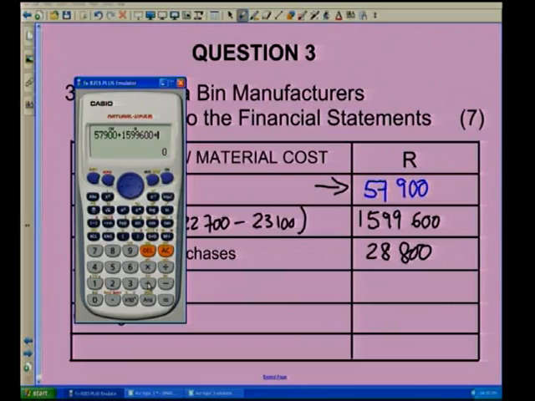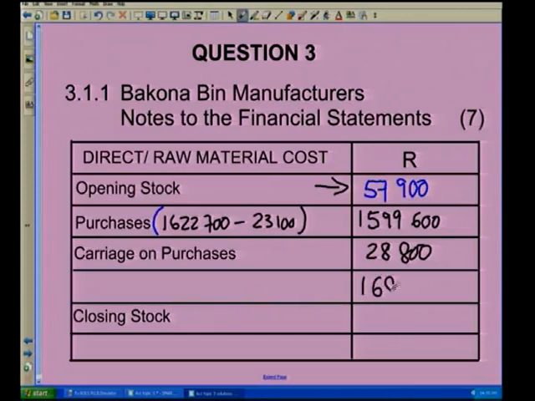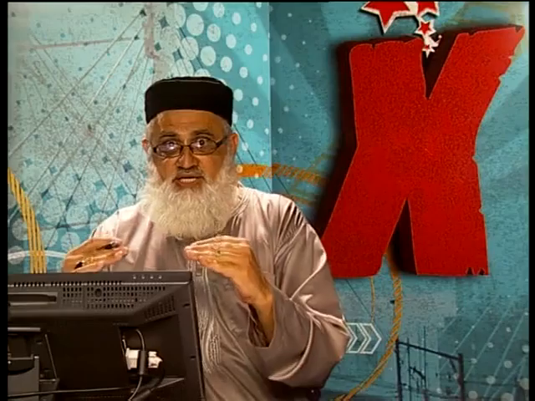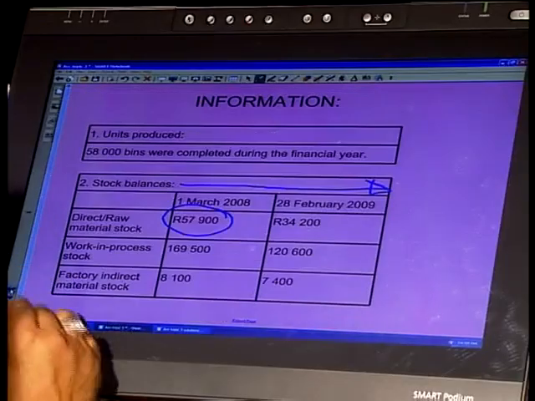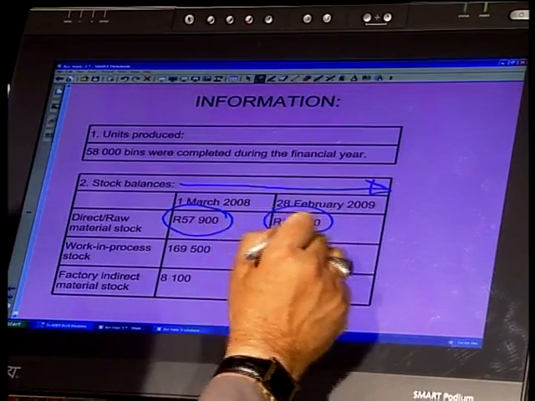Add to it my purchases figure of 1,599,600 plus my carriage on purchases, which was 28,800, which is equal to 1,686,300.